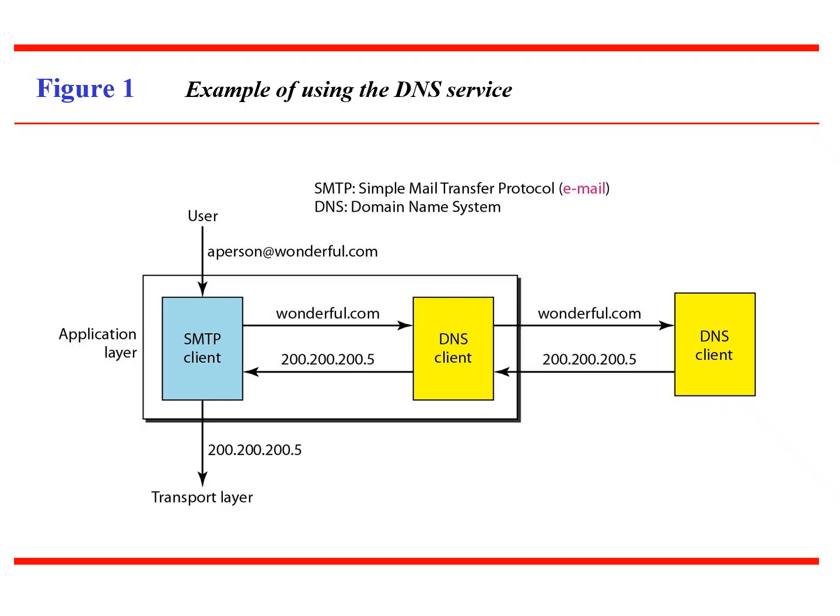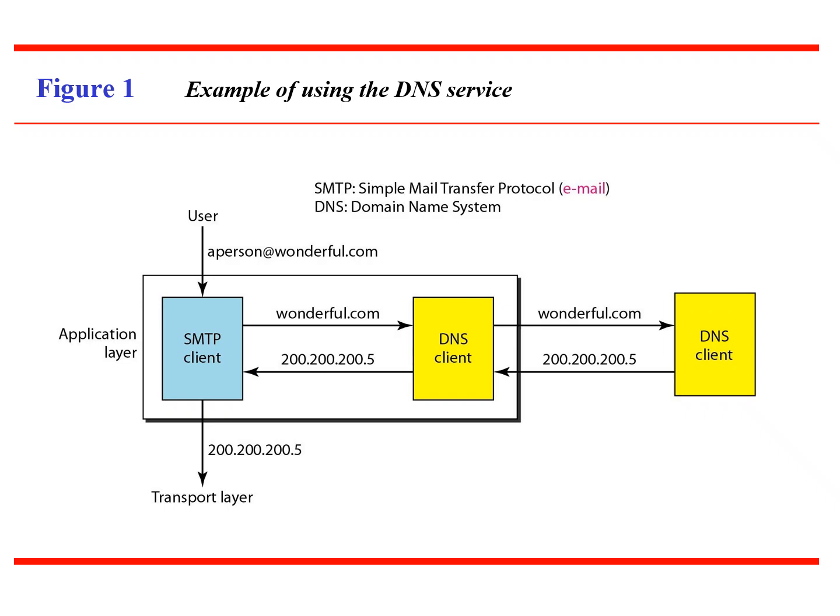So first, at the application layer, this SMTP client wants to know the IP address of the wonderful.com server. This is the sending PC. The SMTP client sends a request to the DNS client asking to do the resolution. Resolution means finding out the IP address of wonderful.com.